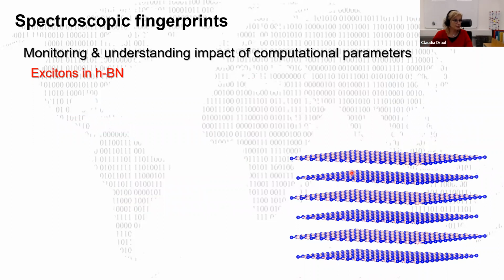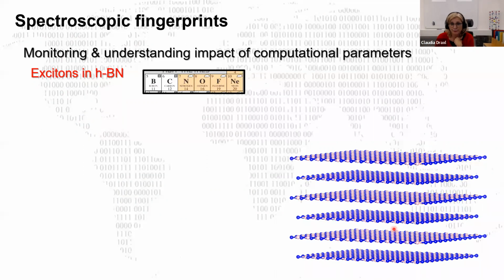Now, I have 2 more examples to share with you, and again use the same idea of fingerprinting, but now we go to optical spectroscopy. I show you some exciton spectra in boron nitride. So boron nitride is a layered material that you see on the right.